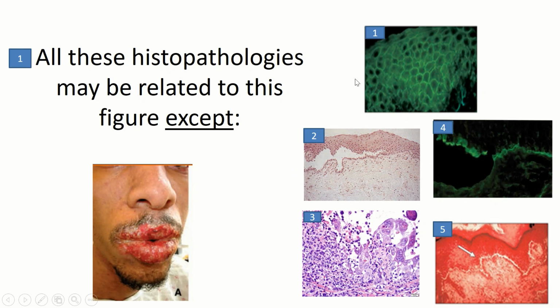And here you see intercellular space configuration that could also be found in pemphigus vulgaris and also paraneoplastic pemphigus. But in figure 4, there is subepidermal bulla formation that is not related to the pemphigus group. It is a prototype of bullous pemphigoid. So the correct answer for this question is 4.